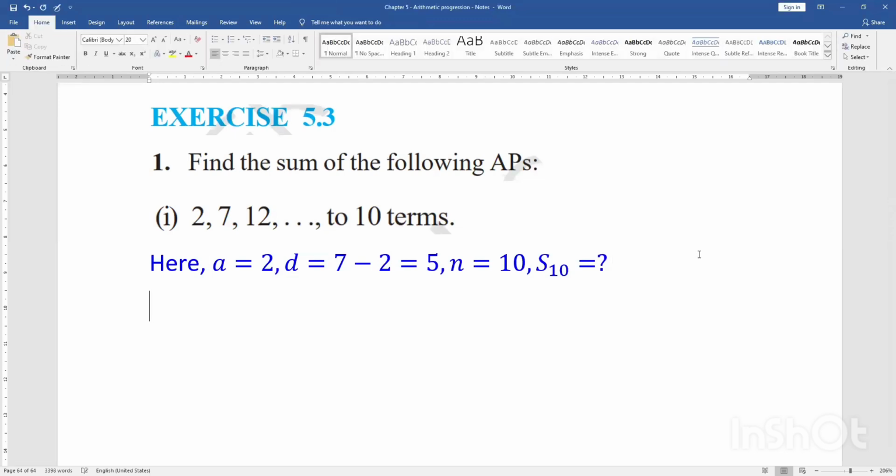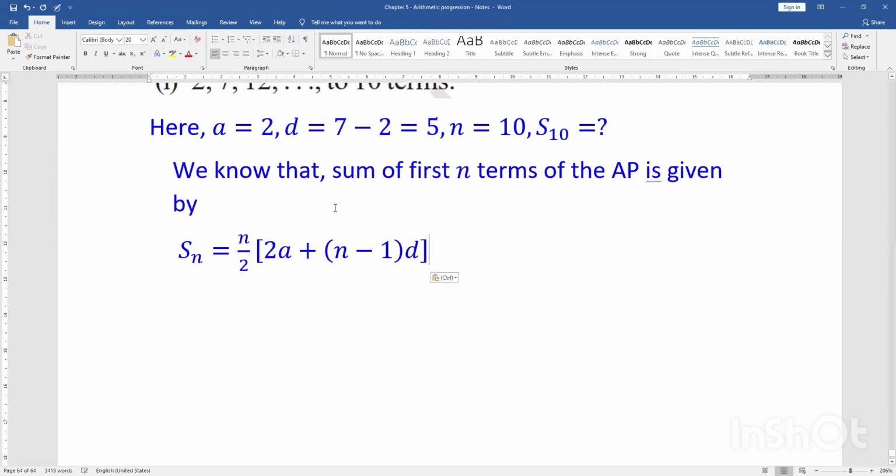Okay. Now we know that Sn is equal to n by 2 into 2a plus n minus 1 into d, right? So let us write that formula. Sn is equal to n by 2 into 2a plus n minus 1 into d. Okay.